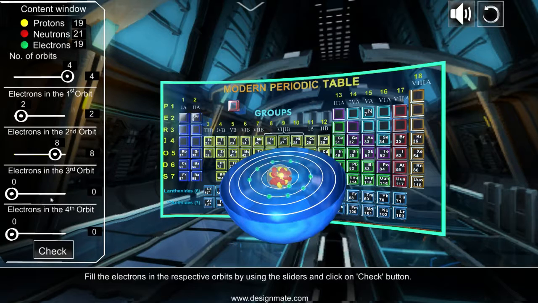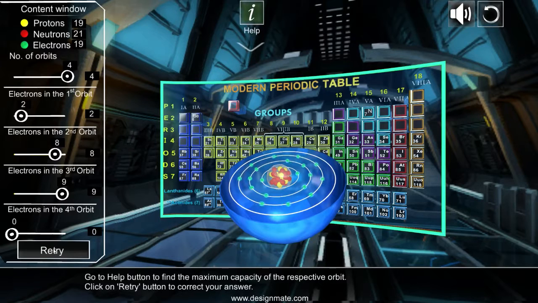Now the common mistake as per the 2n squared rule is that I would try and put all 9 electrons in the third orbit, since for the third orbit 2n squared becomes 18. But if I check my answer, it asks me to retry it.